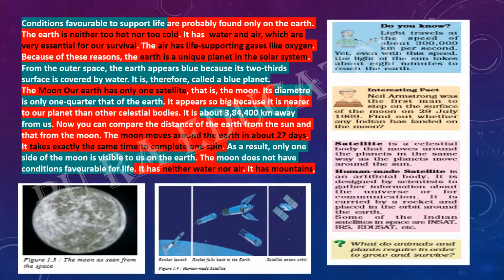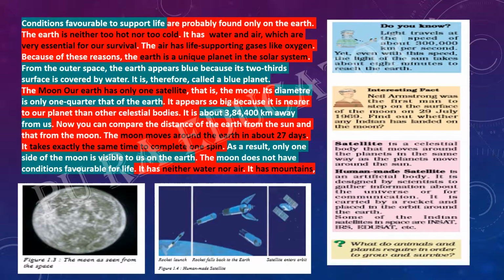The Moon moves around the Earth in about 27 days, and it takes exactly the same time to complete one spin, so we can see only one part of the Moon. The other part is away from us because its rotation and revolution take the same 27 days. As a result, only one side of the Moon is visible.